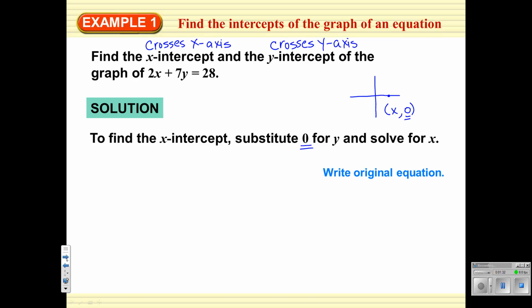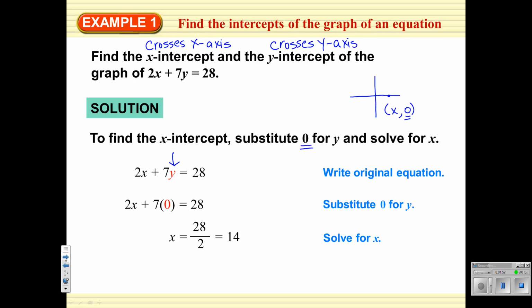We're going to substitute 0 in for y into our regular equation, right here, and solve for x. So we put in a 0, and we get 2x plus 7 times 0 equals 28. Obviously 7 times 0 is 0, so we end up with 2x equals 28. Does this make sense?